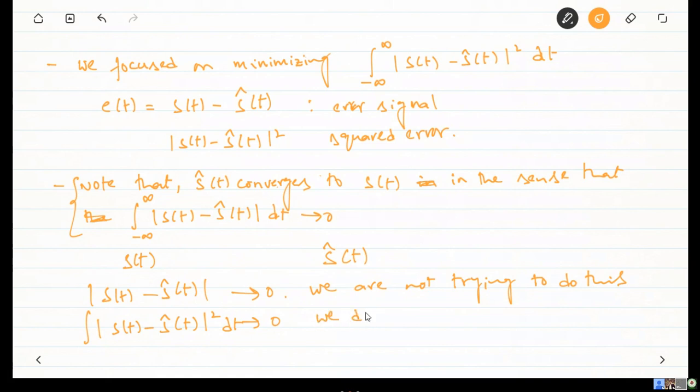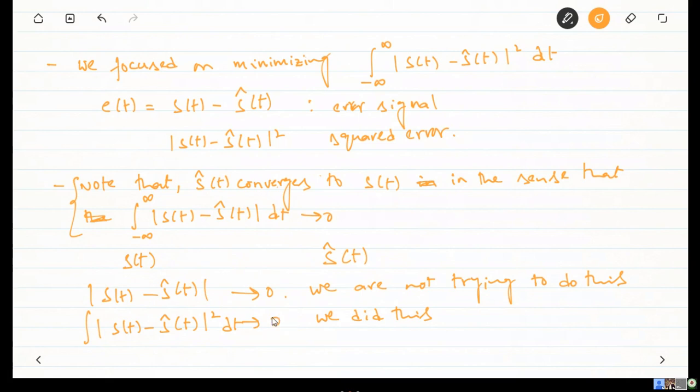We haven't tried to make s of t equivalent to s hat of t at every point. All that we tried to do was to see that s of t may not be exactly equivalent to s hat of t, but the energy in the error signal goes to 0 with the obtained coefficients and the orthonormal functions, right?